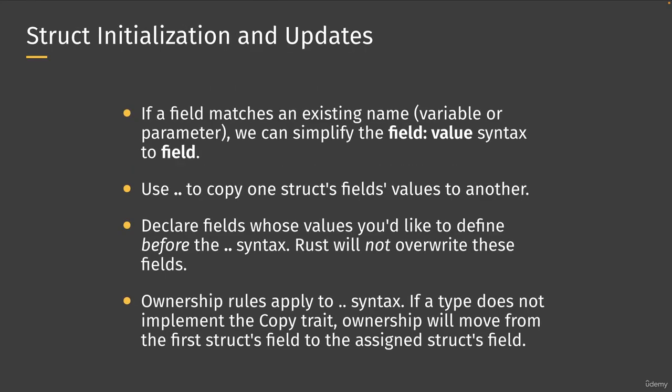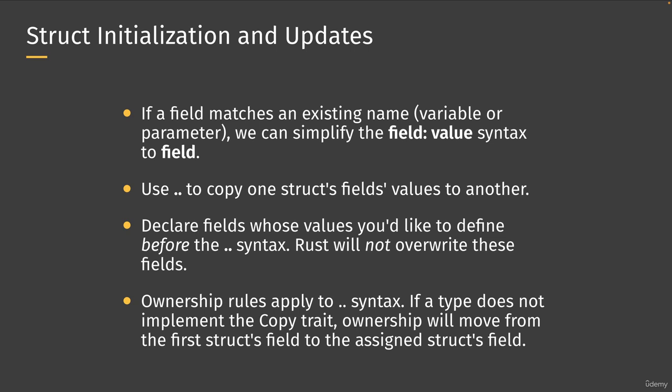All right, we also saw some shortcuts that can be helpful when you are initializing or instantiating a struct. For example, if a field matches an existing name, such as a variable or a parameter, we can simplify the field : value syntax to just field. Rust will understand that field is connected to the name in your program that matches it.